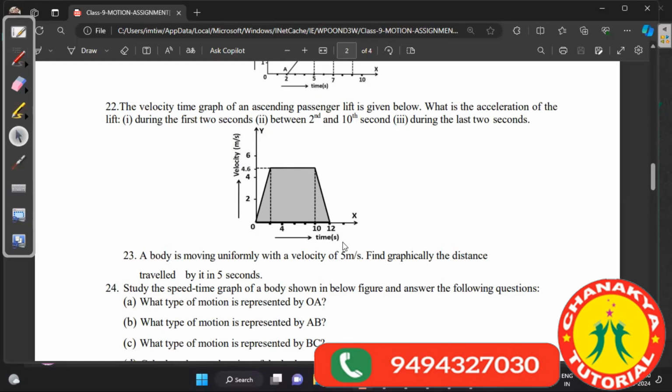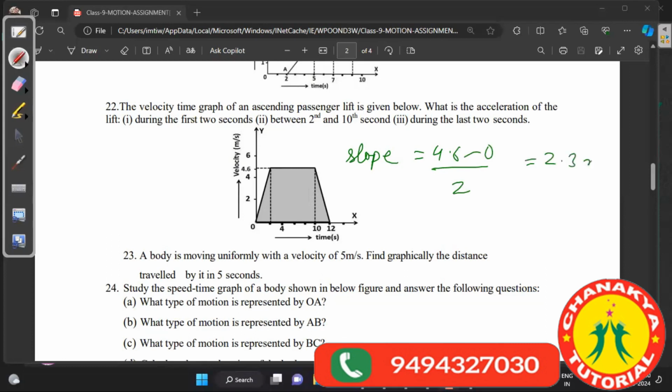To find out the acceleration, we find out the slope of the graph. Here the slope is represented as change of velocity over time. So change of velocity is 4.6 minus 0 and time is 2 seconds. So you have 2.3 meter per second square.